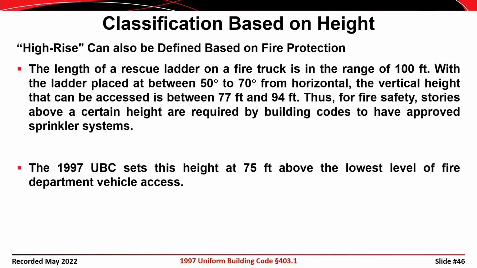Thus, for fire safety, stories above a certain height are required by building codes to have approved sprinkler systems. So this is one definition of what a high-rise is based on fire protection. The 1997 Uniform Building Code said that any building higher than 75 feet was considered to be a high-rise, and that brought in other restrictions to the design of the structure.